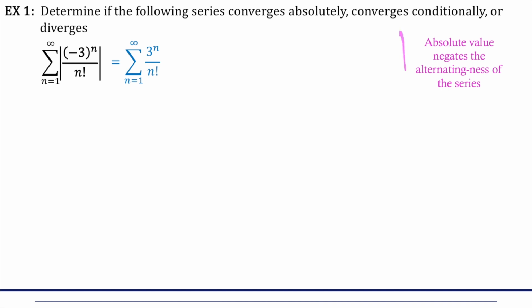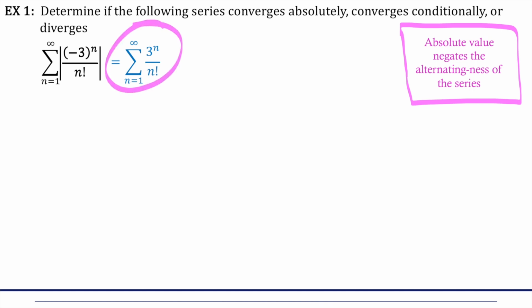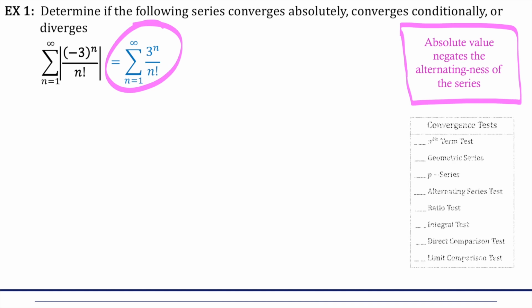So again, the absolute value negated the alternatingness of the series. Now, let's just look at this one. And like I said earlier, we've got to tee up all of our convergence tests that we know. And which test would we use to determine if 3 to the n over n factorial converges or diverges?